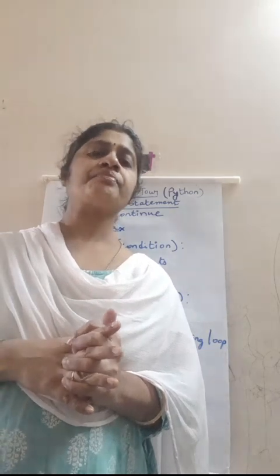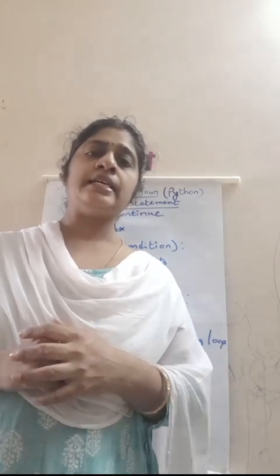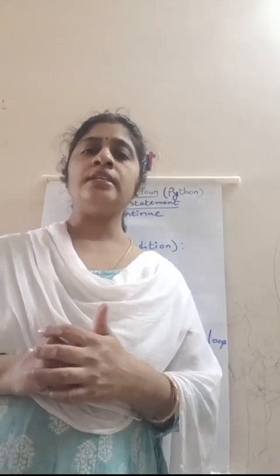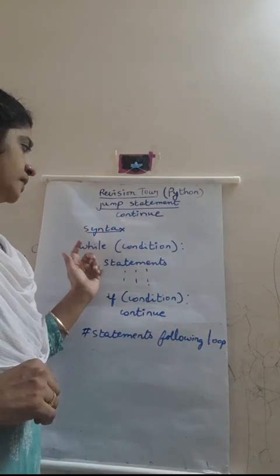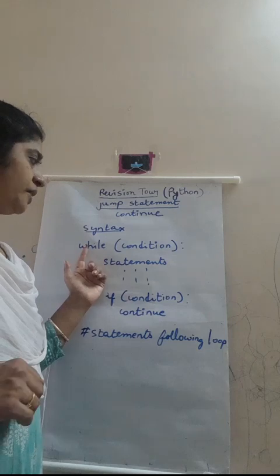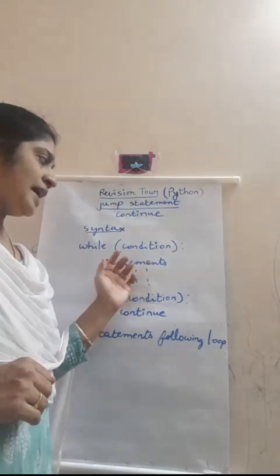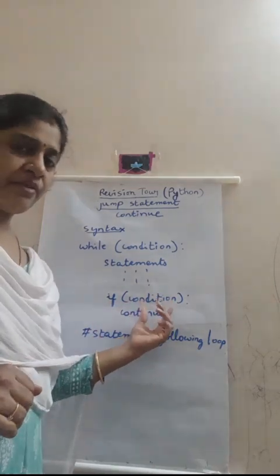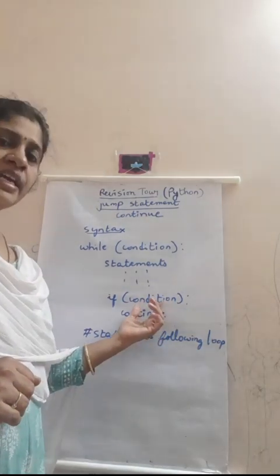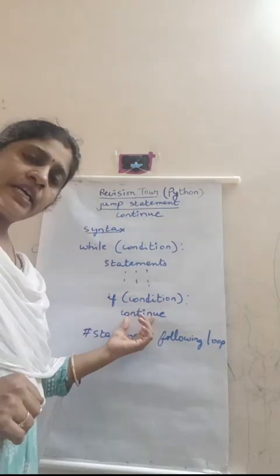I have written a syntax for the continue statement. I have used a while loop here: while, condition, and some statements. And if I am checking for some condition over here, if this condition is true, continue.